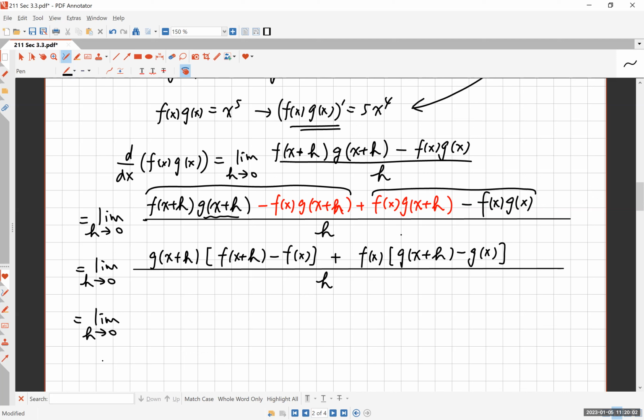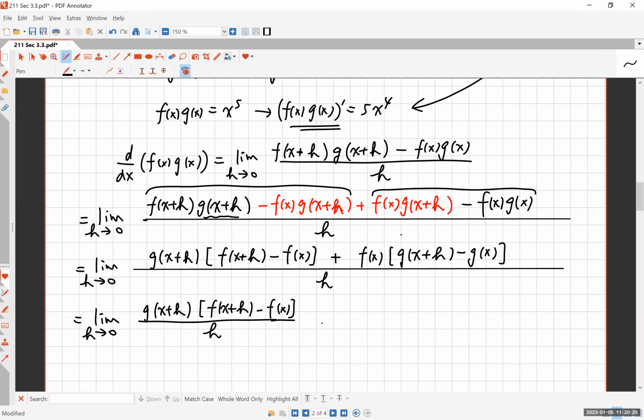If you notice here, I have something plus something on top and then dividing by h. So I can split this into two parts. And remember, the limit of a sum is the sum of the limits. So I can split this into two limits, assuming that each limit exists.